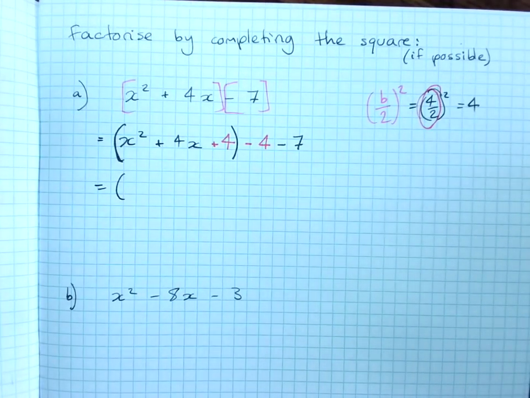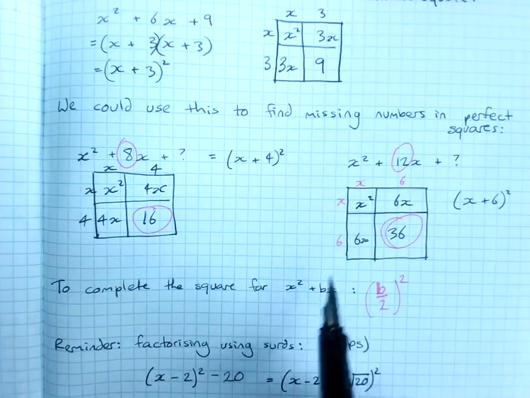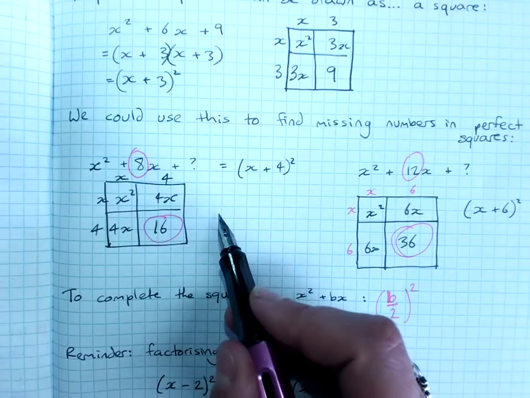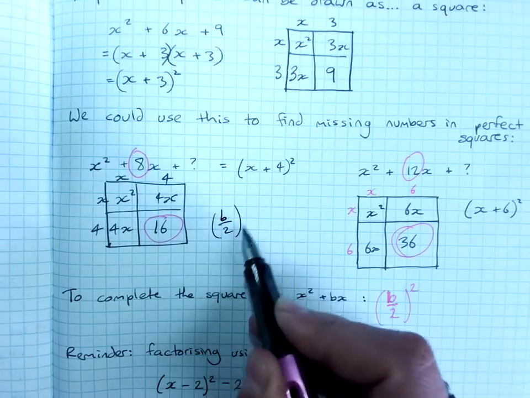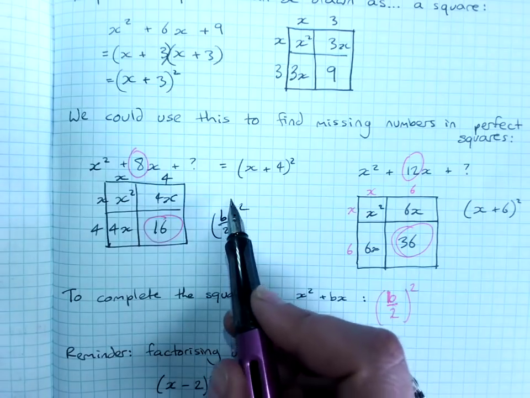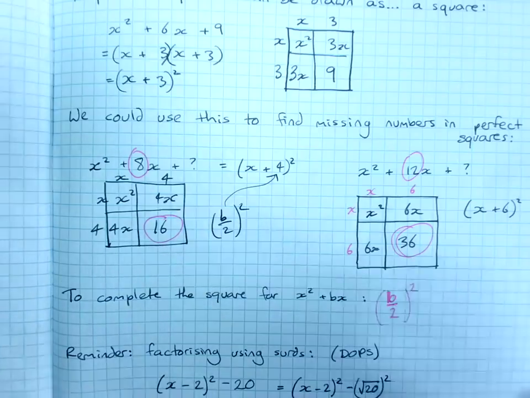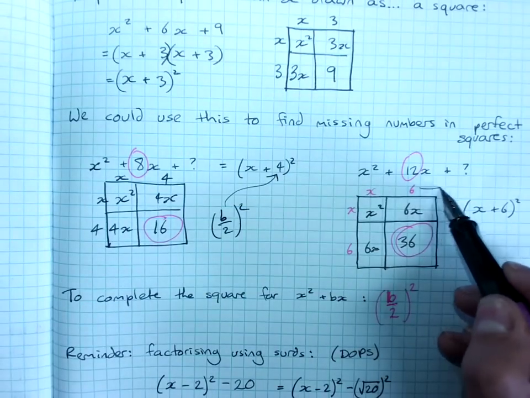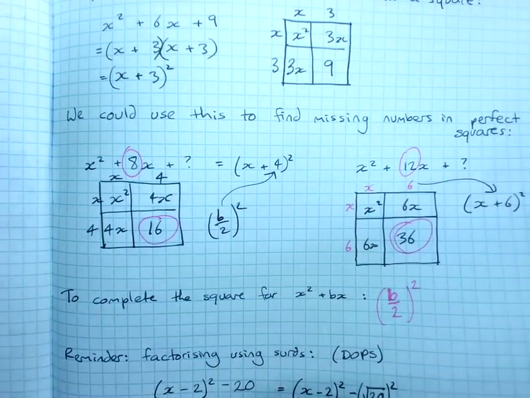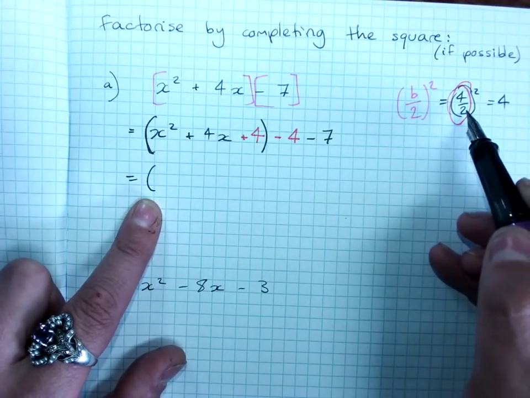So if we just skip back here, you notice when I did b over 2 squared for this one, b was 8, b divided by 2 is 4, and that was the number that ended up here. 12 divided by 2 is 6, and that's the number that ended up in here. So I know where my b over 2 was 2.